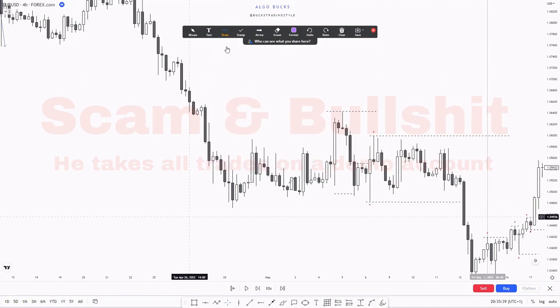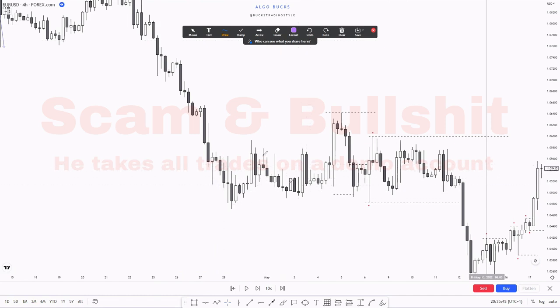Okay, let's look at this right here. We had this low to this high as our structure point, right? So before price broke out of the range, before price broke the high right here, price created this structure point, this structure point, this structure point, this structure point. So all of these lows are SLQs. So what did price do?